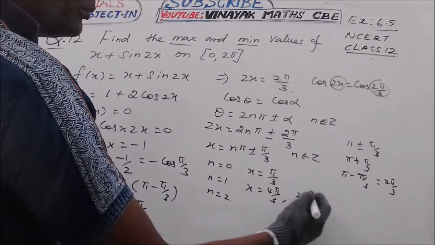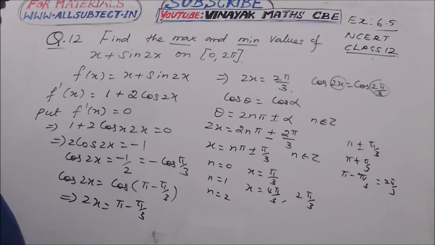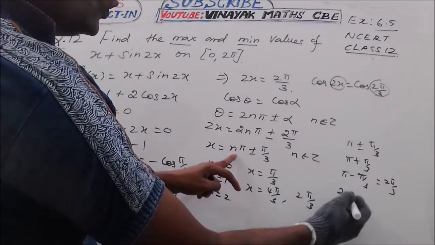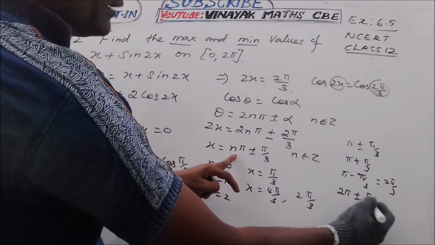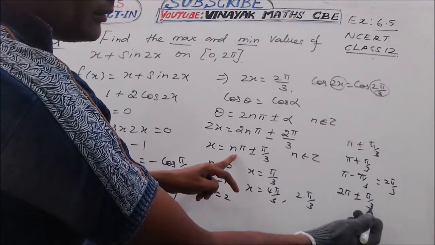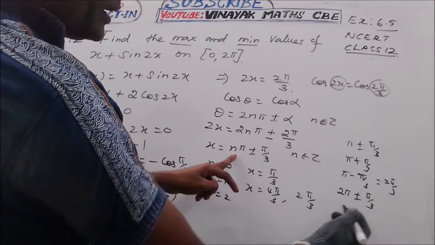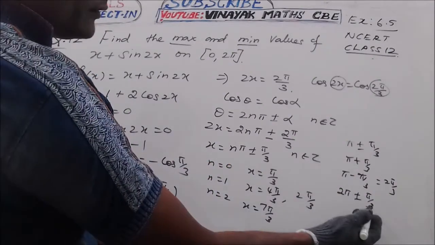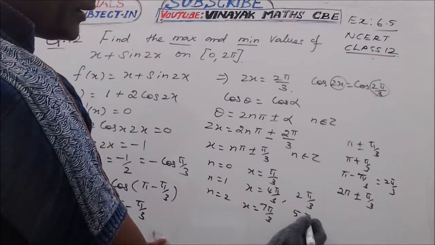So 2 pi by 3 is also a value. Then substituting n equal to 2, 2 pi plus pi by 3 gives 7 pi by 3, and subtracting, 6 pi minus pi, 5 pi by 3.